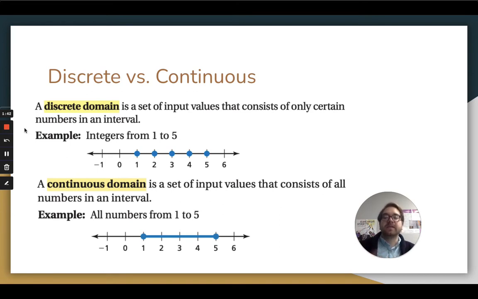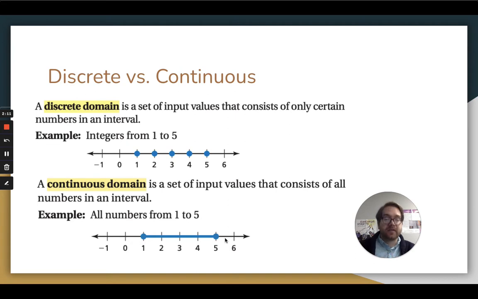That's different from continuous, where a continuous domain is all of the input values that consist of all the numbers in an interval. So again, if I'm looking at the numbers from 1 to 5, but you can see the difference, I draw a line between 1 and 5. I have this segment, and that means I'm including all of the numbers, 1.1, 1.2, 2.4, 2.5, no matter how small the fractional or decimal number is, it's all of the numbers from 1 to 5.